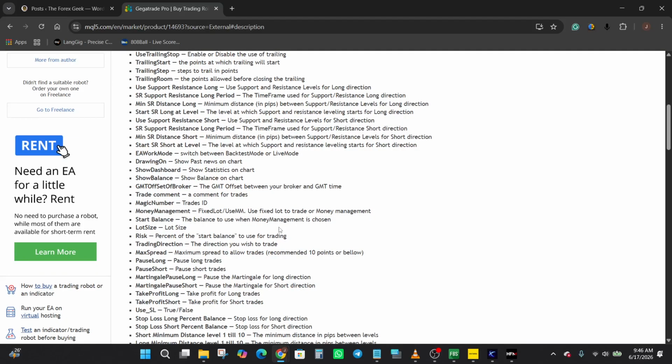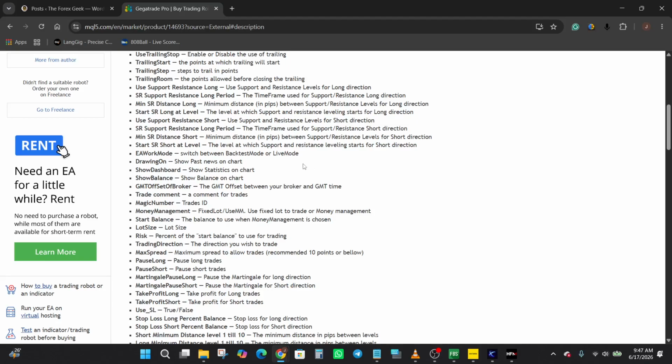There is also quite a lot of flexibility in how trades are managed, including lot sizing control, risk percentage settings, and even counter trade or hedge style options, depending on how the user configures it. Another key point is that the EA includes trading time controls, meaning it can be restricted to certain sessions, like avoiding Monday open volatility or Friday close conditions if needed.